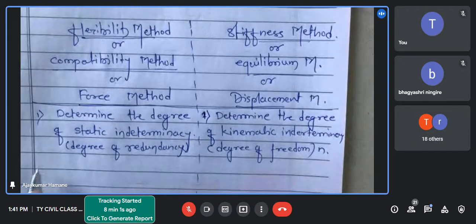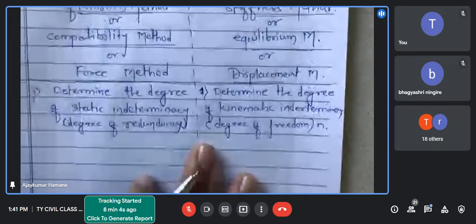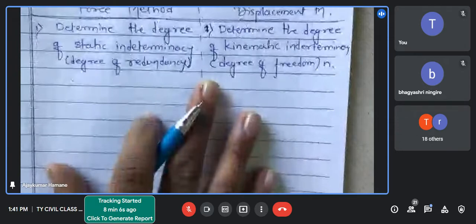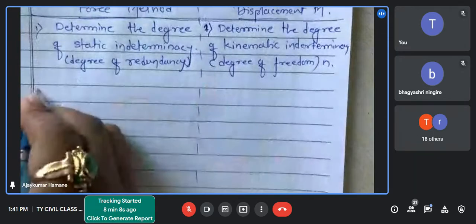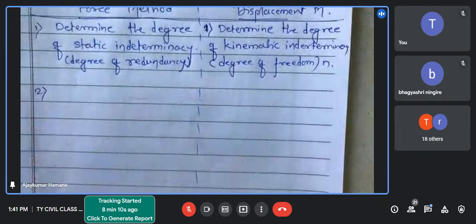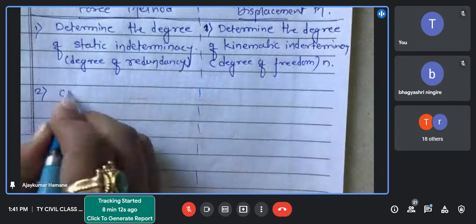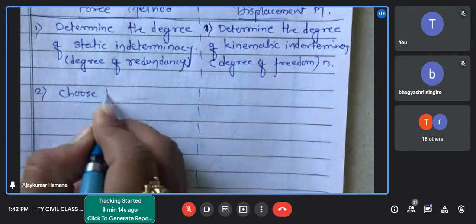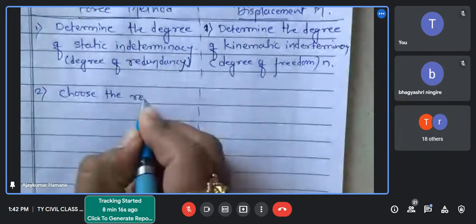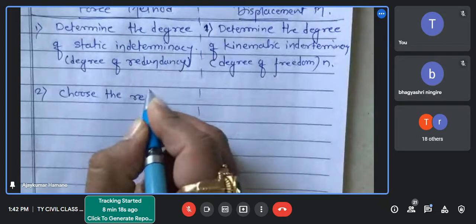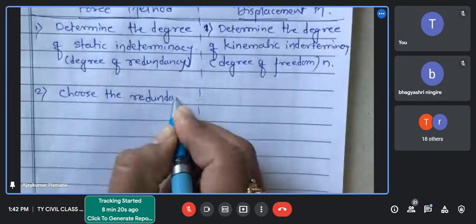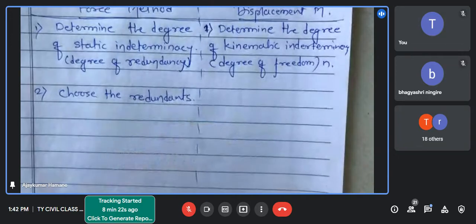Now, after finding the static indeterminacy, the second step in the flexibility method is to choose the redundants.